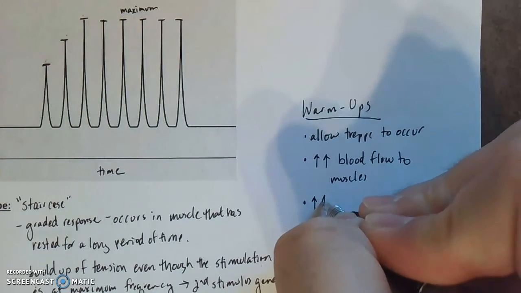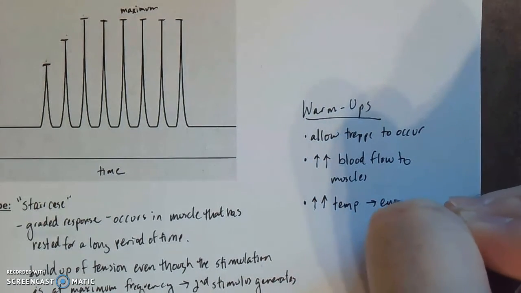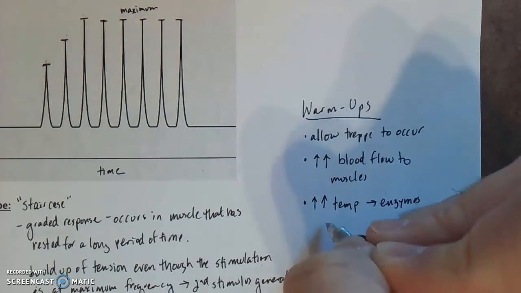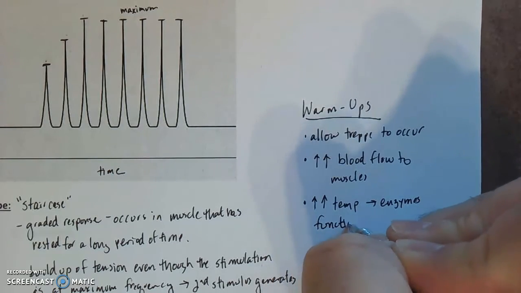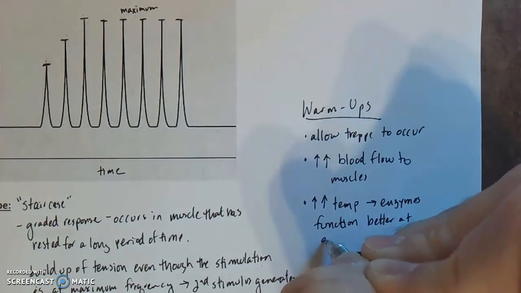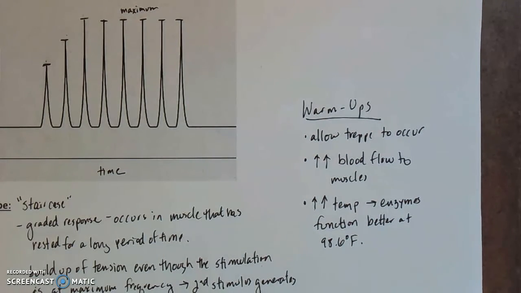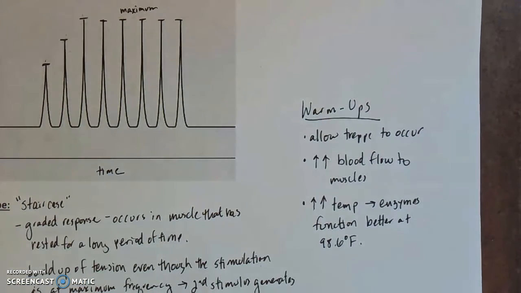This also increases the temperature because we know that enzymes function better at body temperature, 96.8 degrees Fahrenheit or 37 degrees Celsius. So by increasing the temperature, we're making sure that those muscles are warmed up, hence the title warm-ups.